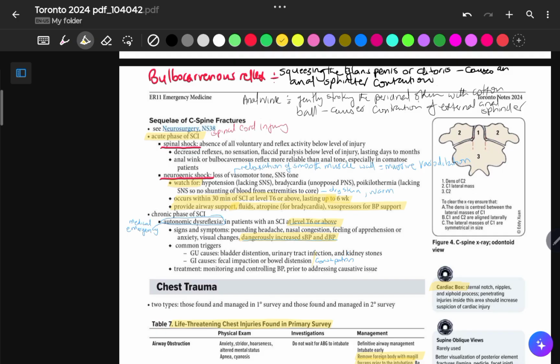Spinal shock is the absence of all voluntary and reflex activity below the level of injury. So if the injury is at C4, there will be absence of all voluntary and reflex activity below that level. There will be decreased reflexes, no sensation, and flaccid paralysis below the level of injury, lasting for days to months.